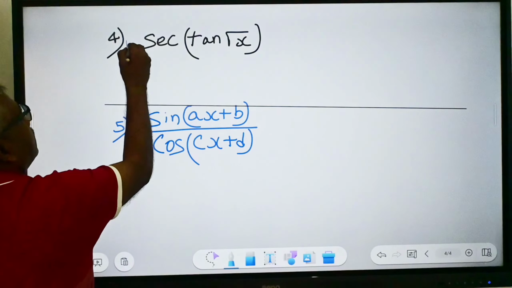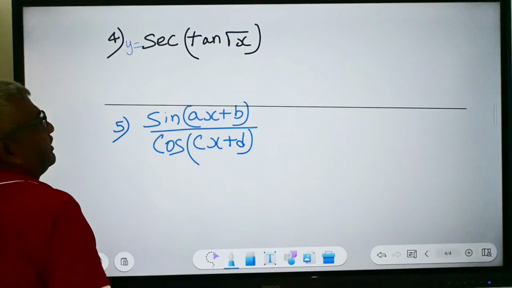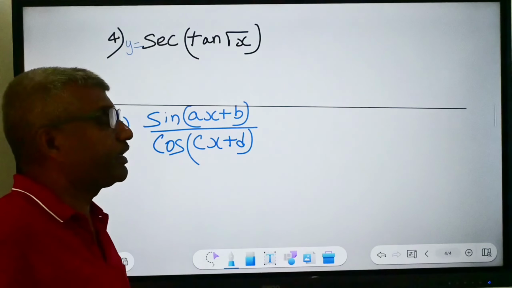Let y equal to secant of tan root x. dy by dx is, first differentiate secant. Secant x differentiates to secant x tan x. So secant of tan root x times tan of tan root x.